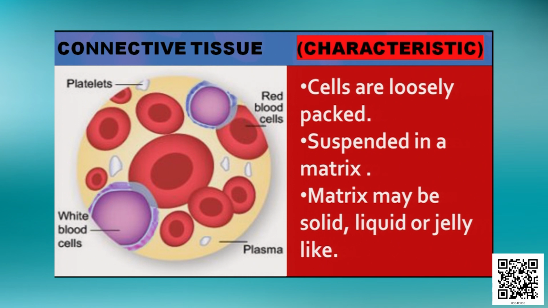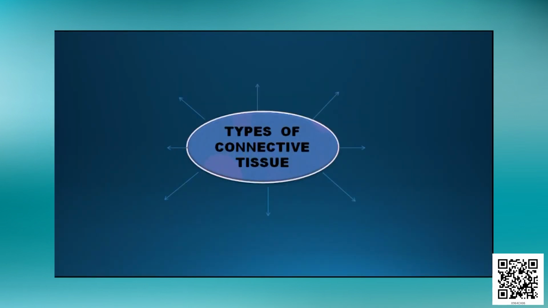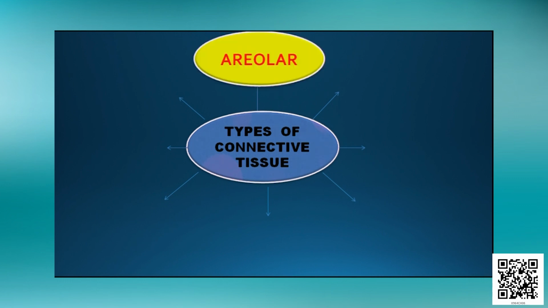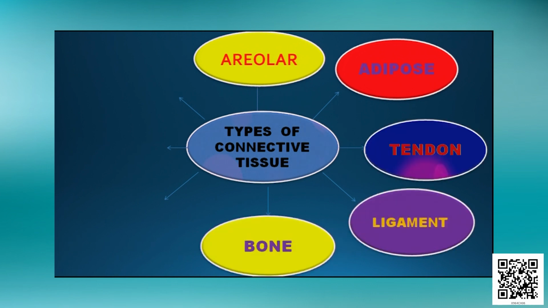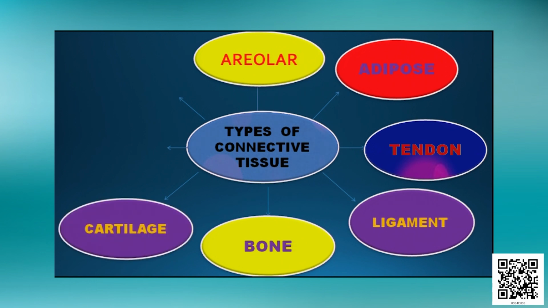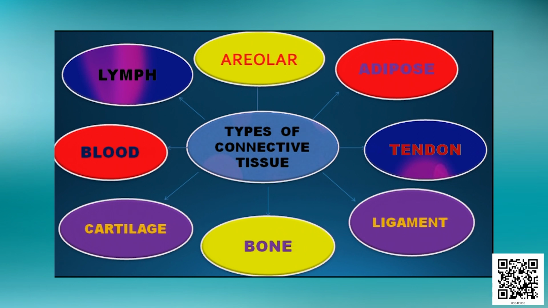So, let us find out what are the different types of connective tissues. 1. Areolar, adipose, tendon, ligament, bone, cartilage, blood and lymph. We will discuss one by one in this lesson.